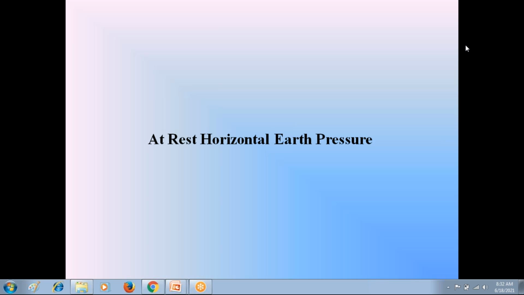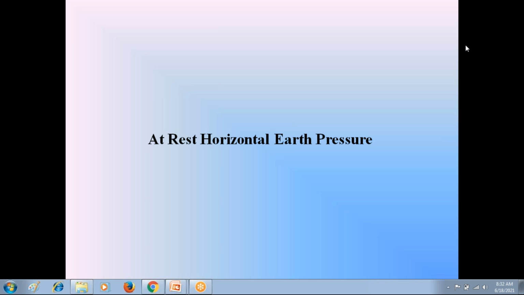Here, this ratio sigma H by sigma V. Last class, I stressed this ratio. Every geotechnical engineer, every student should understand that ratio. In geotechnical engineering, sigma H by sigma V is the horizontal stress in the soil divided by the vertical stress in the soil.